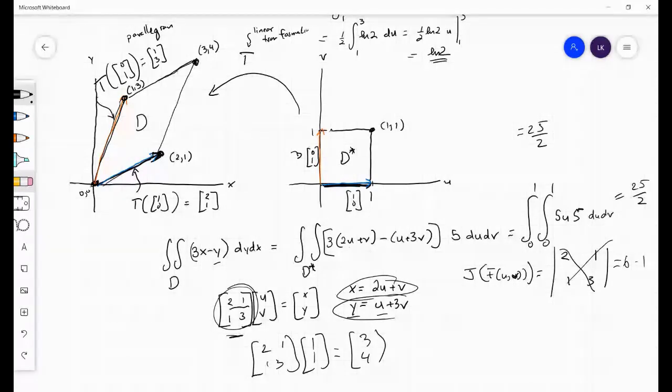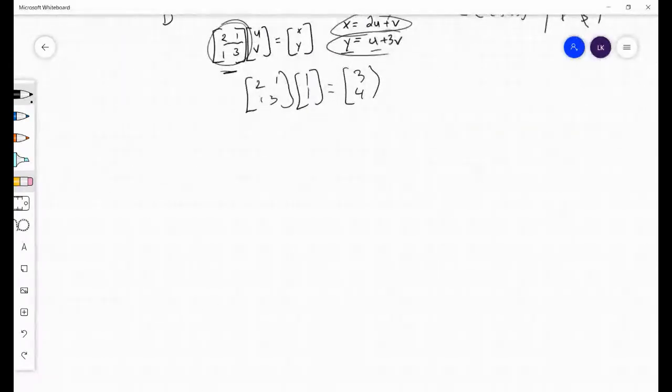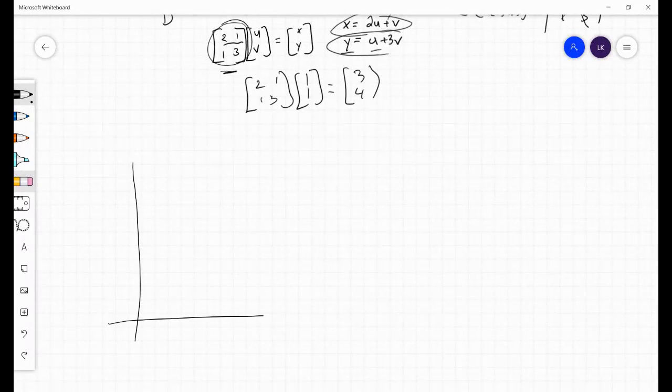The next thing that I was going to talk about, but we're out of time, was what happens if your parallelogram is away from the origin. If you had the same parallelogram, but it's not at the origin, can you still do this mapping?